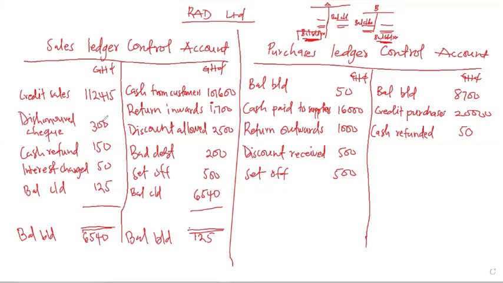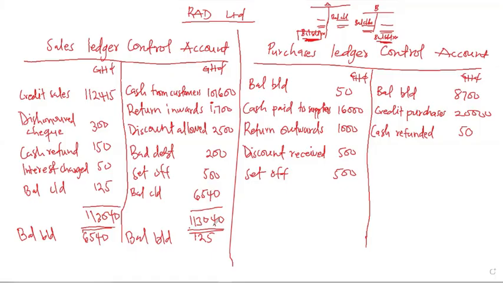When you add the debit side, it will give you 11,304. When you add the credit side too, it will also give you 11,304. That is it. When you're able to do this, you are done.